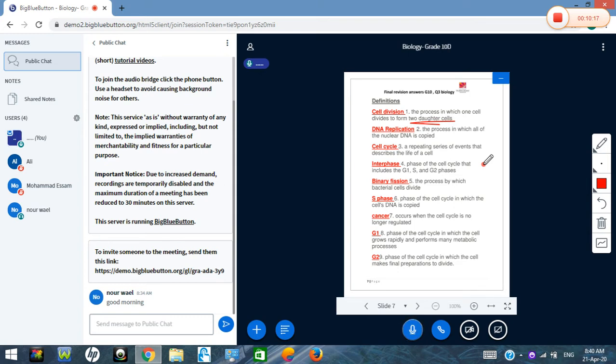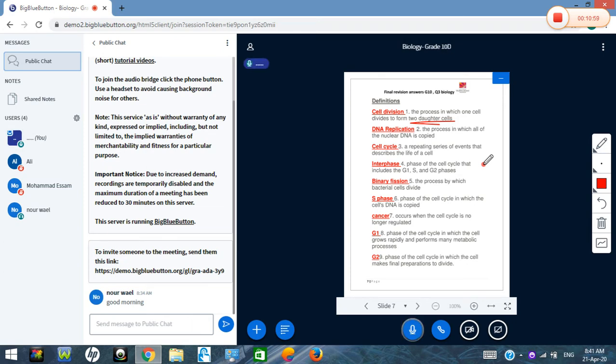For example, there are no stages in binary division, but mitosis includes 4 stages. At the end of binary division, the parent cell disappears, while in mitosis the pre-existing cells, the old cells, still remain. Okay.